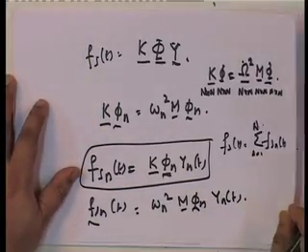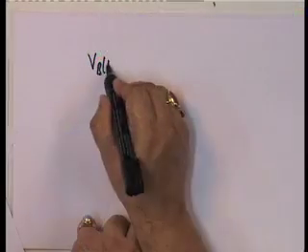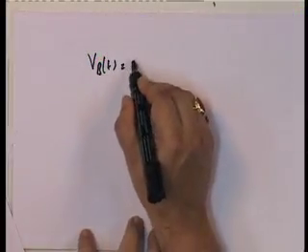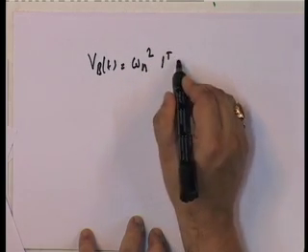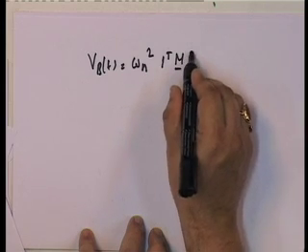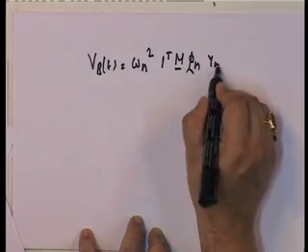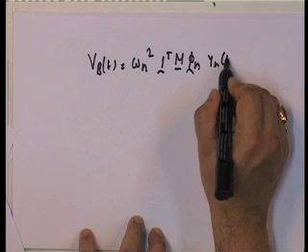Now, if I were to look at the base shear, what is base shear? It is 1 transpose times the force. So, V_b(t) is equal to omega_n squared 1 transpose m phi_n y_n(t).